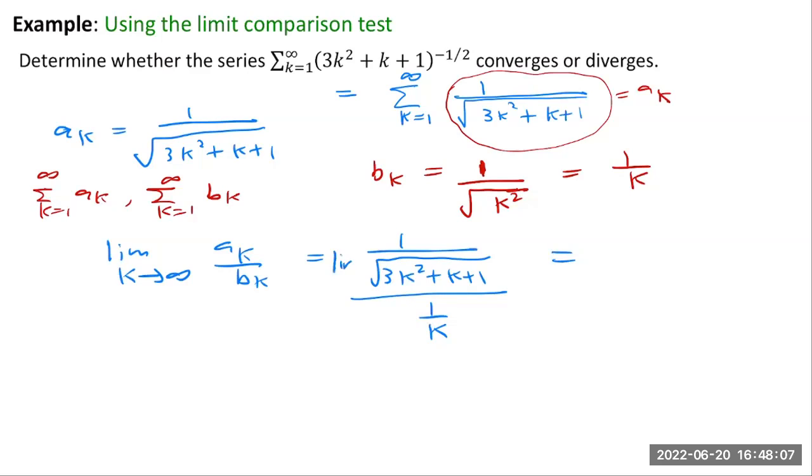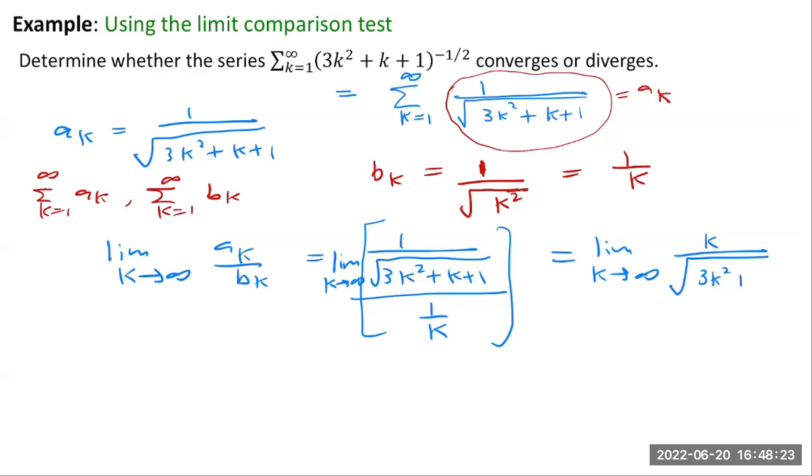Of course, you need to have limit as k approaches infinity here. This is equal to limit as k approaches infinity, k divided by square root of 3k squared plus k plus 1. How do you find this limit now?